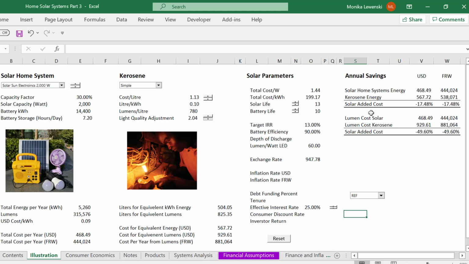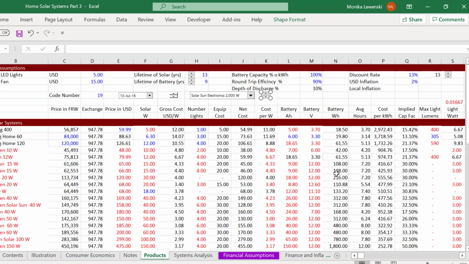What is the effect on the amount you pay for this dispatchable, where you can turn the kerosene light on and off, versus this non-dispatchable battery system where you cannot turn it on and off? What's the final result? Okay, so let's go and clean this up.